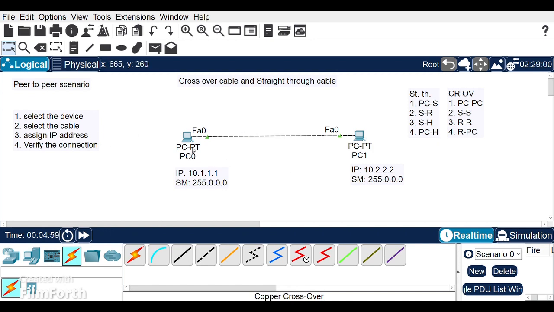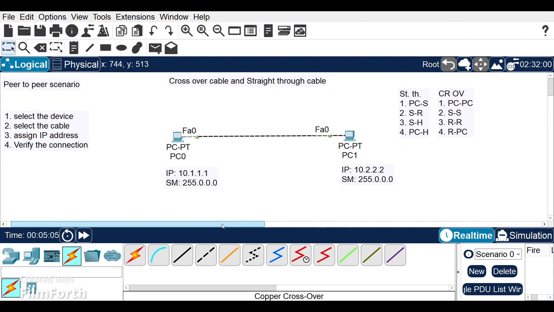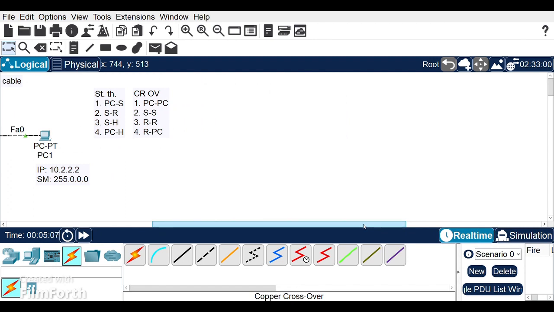Before moving to assigning the IP address on the devices, I want to clear up these two cable types. First is the straight through cable. What happens in a straight through cable, guys? There is a pin architecture of 8 pins with an RJ45 connector.